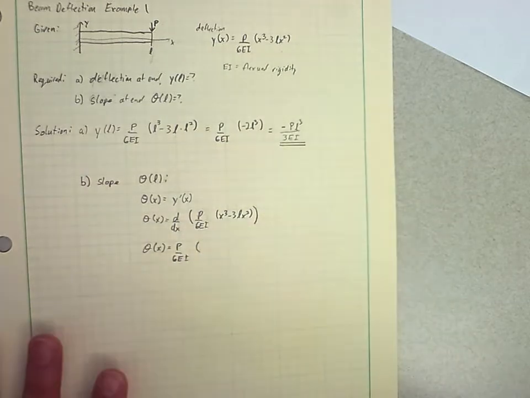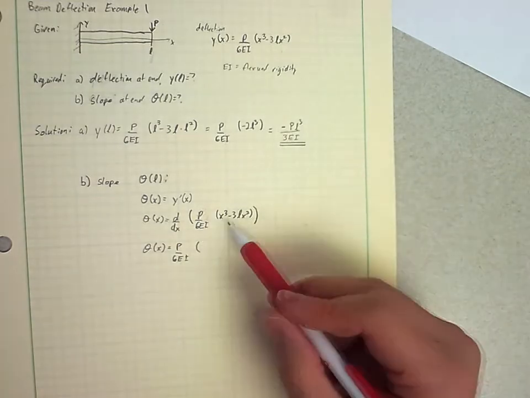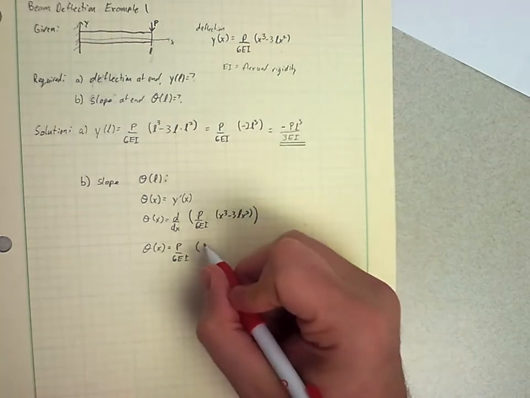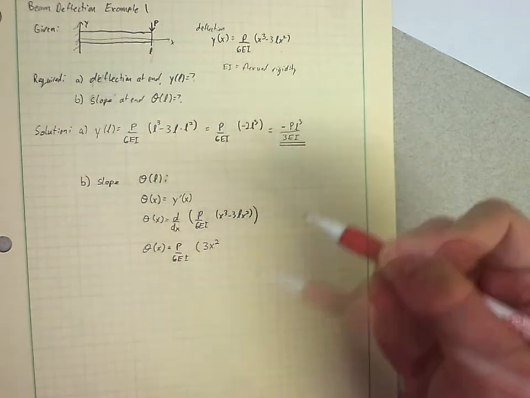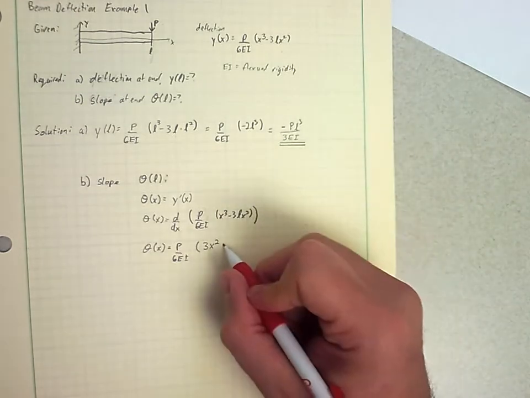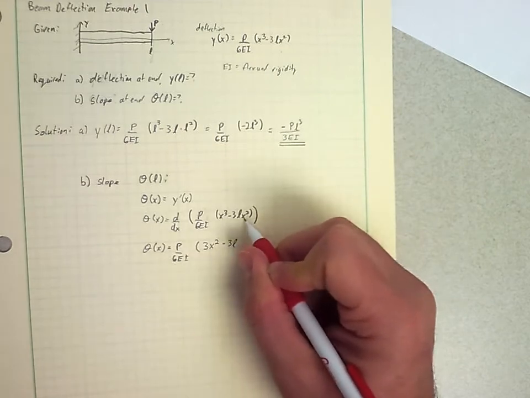And then if I'm taking the derivative of what's inside the parentheses, I remember I can just do each part and add those back together. So the derivative of x cubed is going to be 3x squared. Remember, bring the power down front, multiply by the new power. The derivative of 3L times x squared is going to be the 3L times the derivative of x squared, which is 2x.